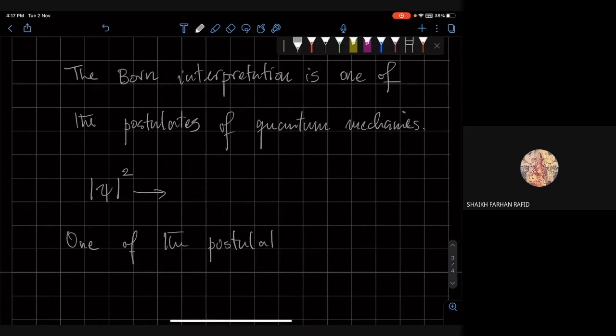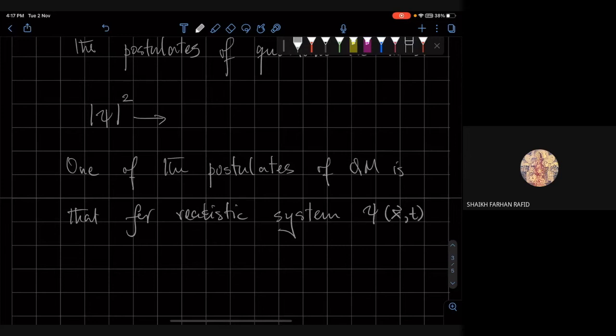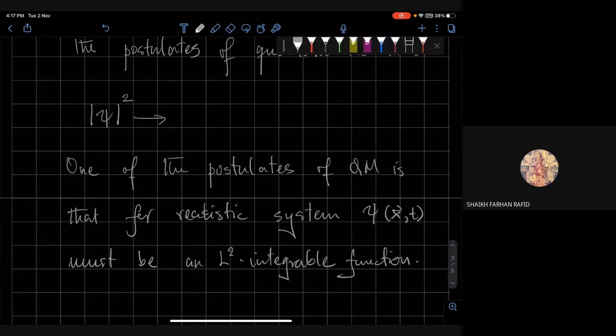One of the postulates of quantum mechanics is that for realistic systems, psi must be an L2 integrable function. Okay. So what does L2 integrability mean?